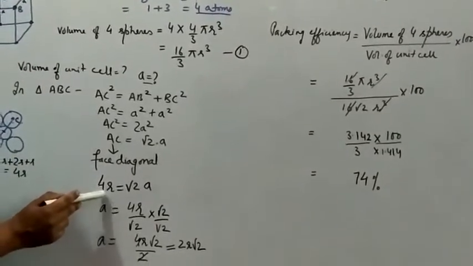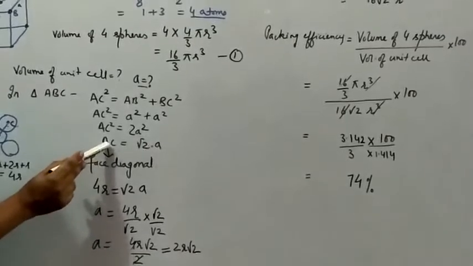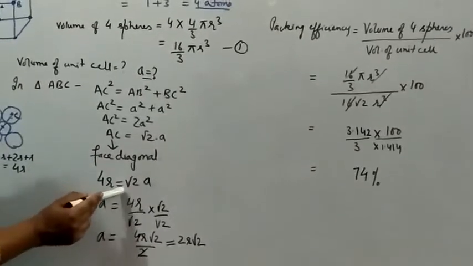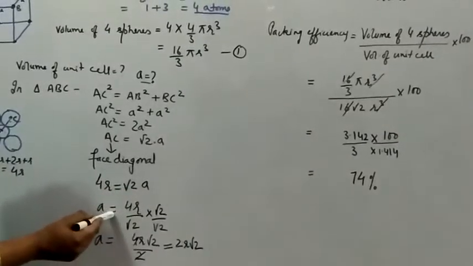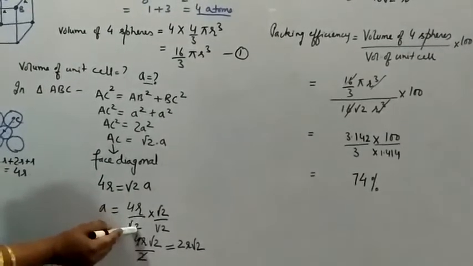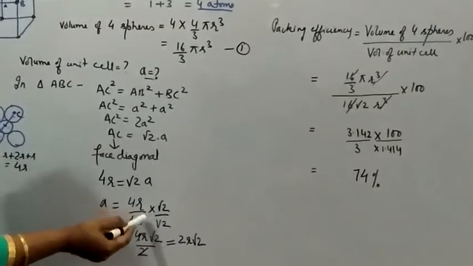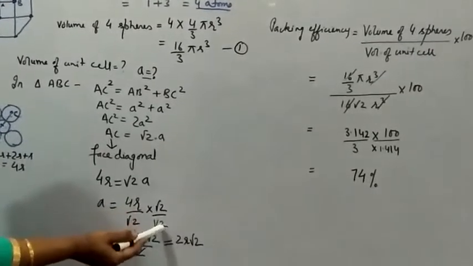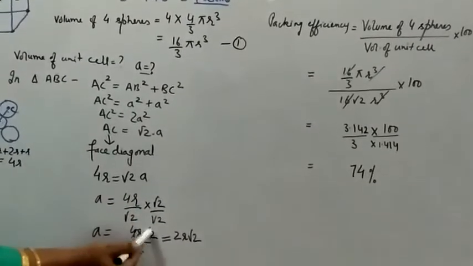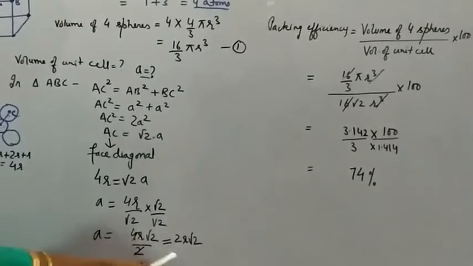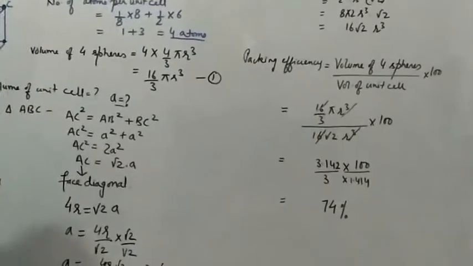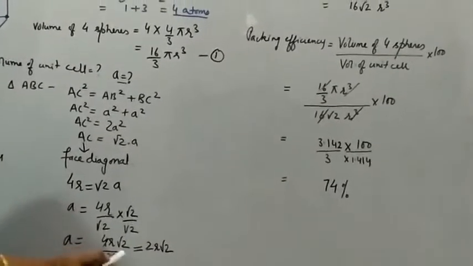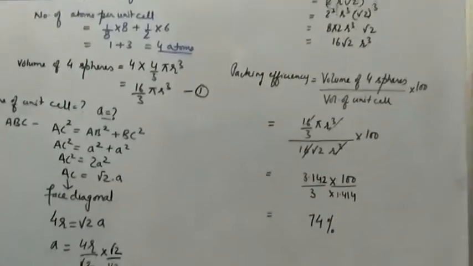Now instead of AC we will place here 4R, it will become root 2 a. 4R equals root 2 a. So a will be equal to 4R upon root 2. Just rationalize it, multiplying by root 2 upon root 2. So a equals 4R root 2 upon 2. Just by cancelling we get 2R root 2. So the edge length a of the unit cell is 2R root 2.